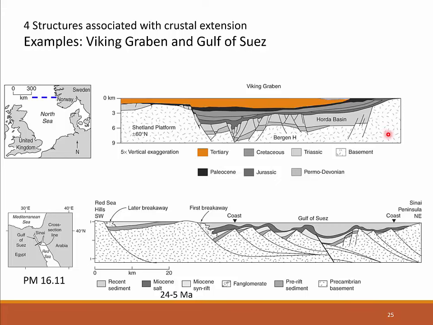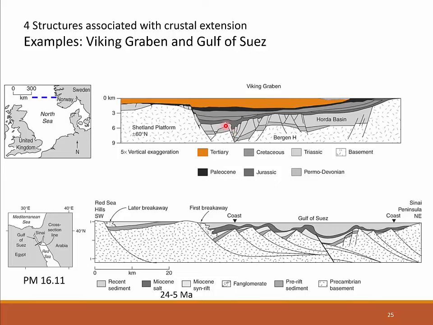In the Viking Graben we see here an older basement which is overlain by Permo-Devonian and Triassic sediments. The basement itself and these earlier sediments up to Triassic age are affected by intense segmentation along normal faults, and these are conjugated normal faults forming horst structures and graben structures.